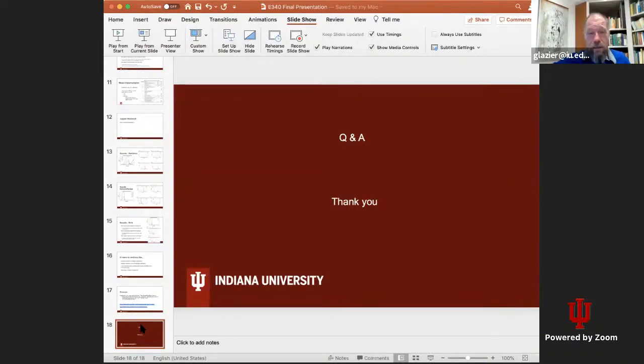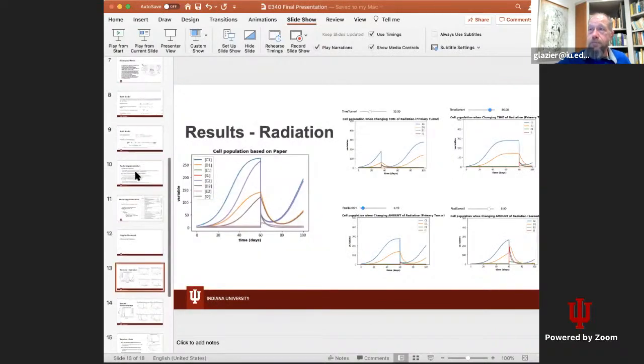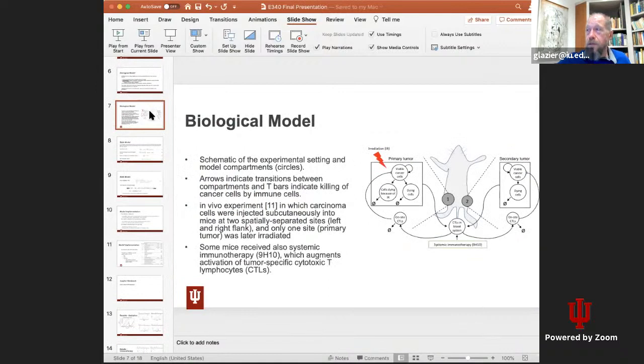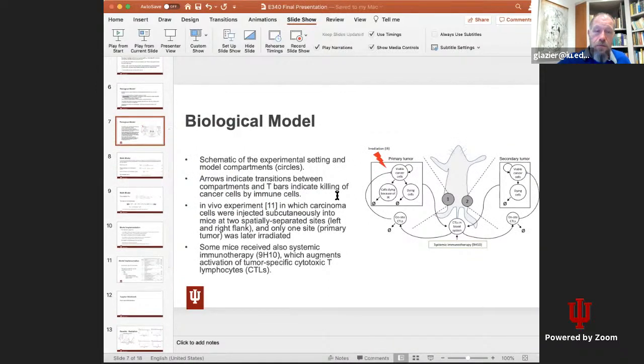Anybody else? I had one or two comments, but nothing dramatic. If we come back to that first picture that you have, the one from the paper, maybe there's a question about what you modeled.